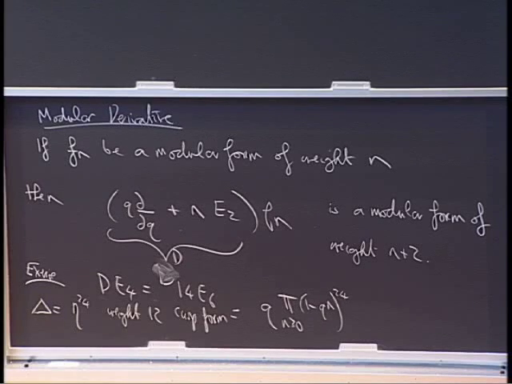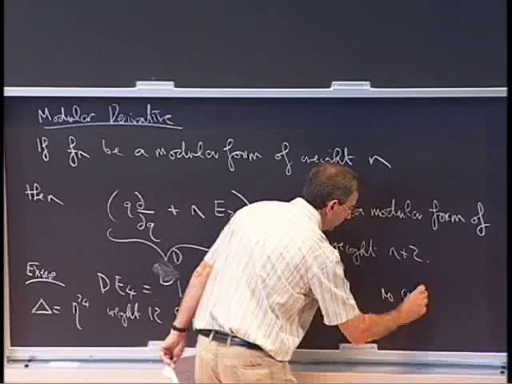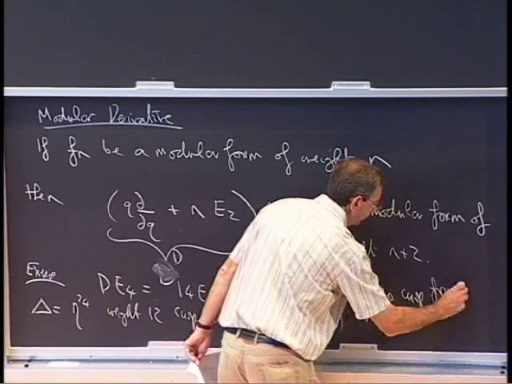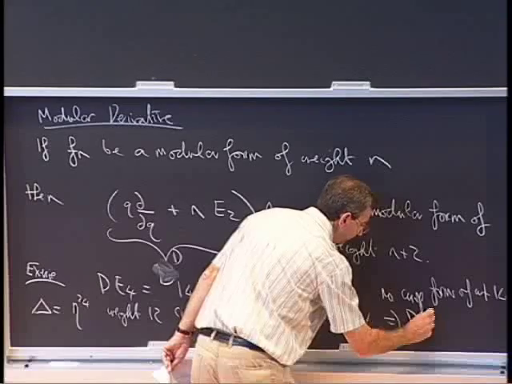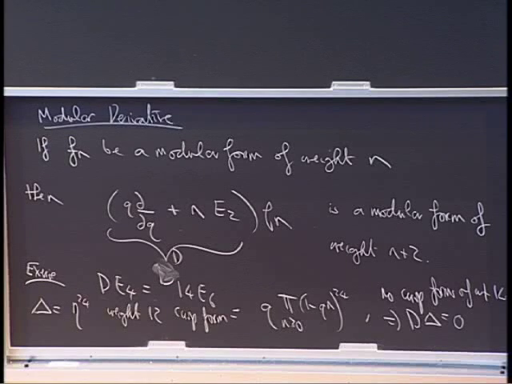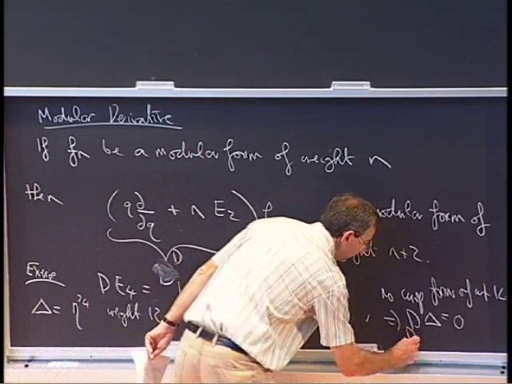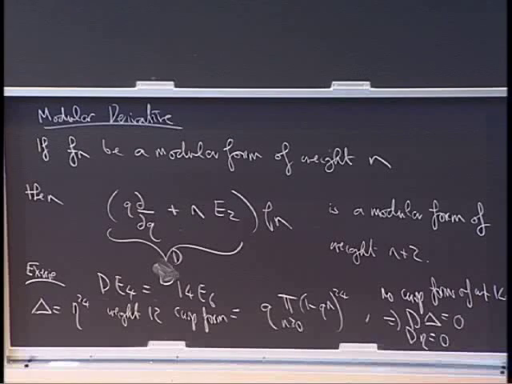Using the statement I made about being able to generate all modular forms from E4 and E6, it's easy to see that there are no cusp forms of weight 14. So this implies that when I apply the modular derivative to delta, it's 0, which implies in turn that applying the modular derivative to eta gives 0.